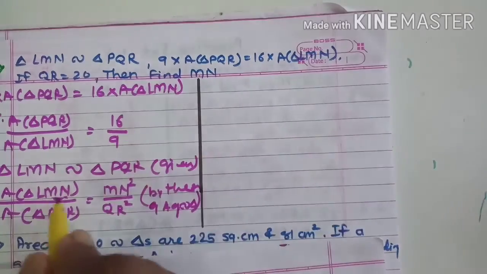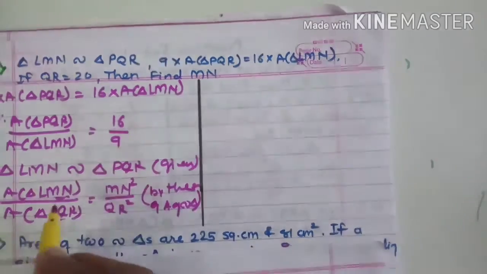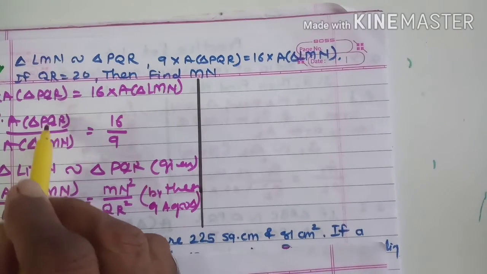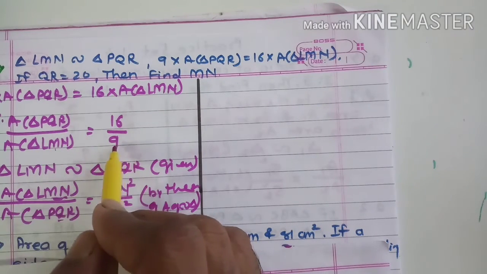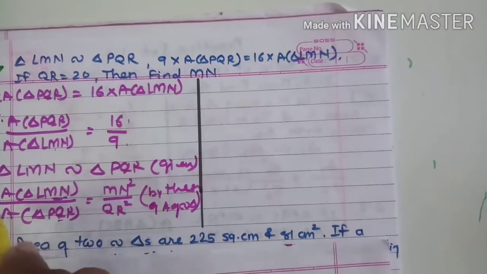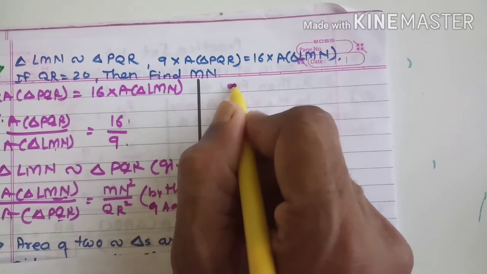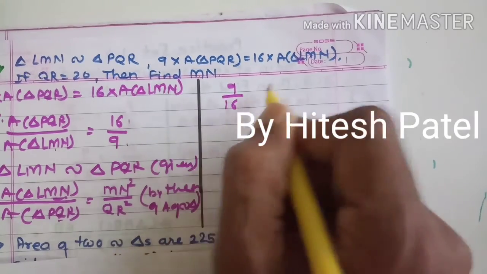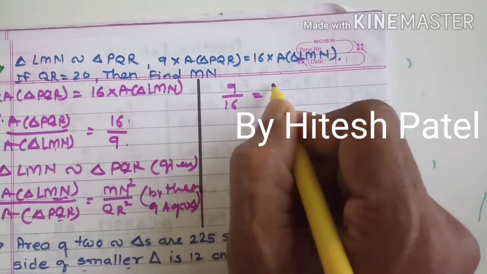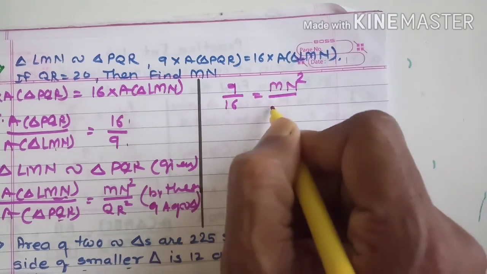No worry, just invert this one. If we take LMN in the numerator and PQR in the denominator, then it becomes 9 upon 16. So instead of LMN and PQR, we can write 9 upon 16 is equal to MN square upon QR square.